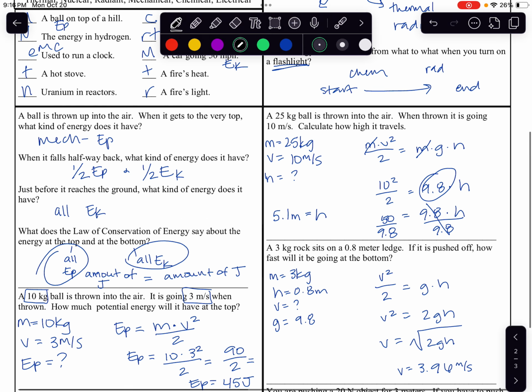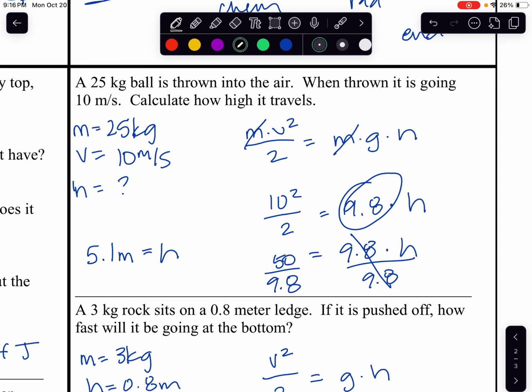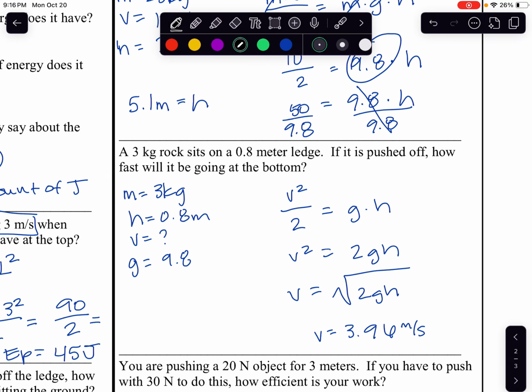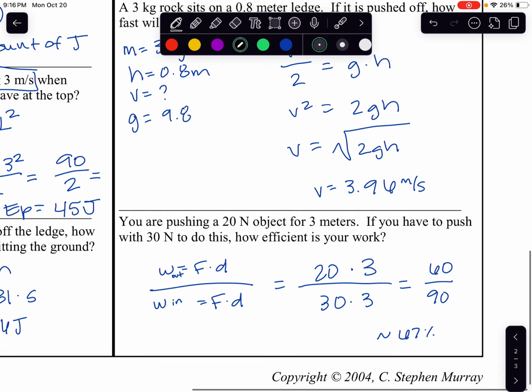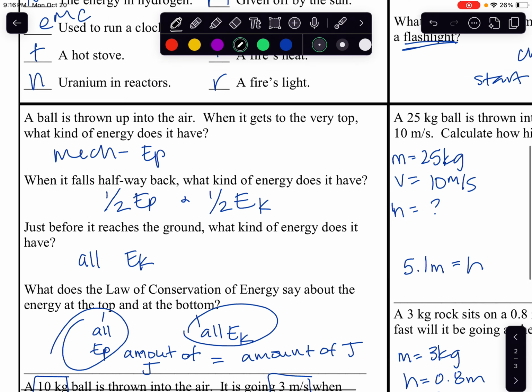So we've got some of our answers here where we have to figure out the height. You should get a final answer of 5.1 meters. A velocity, you should get something around 3.96 meters per second. There's an efficiency problem. I did the work if you want to check your work there.